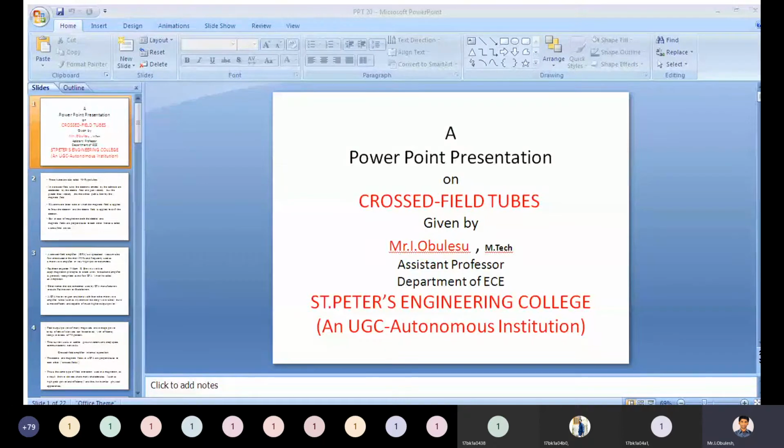Coming to the cavity magnetron. A cavity magnetron is a high power vacuum tube that generates microwaves using the interaction of a stream of electrons with a magnetic field while moving past a series of open metal cavities, or cavity resonators.